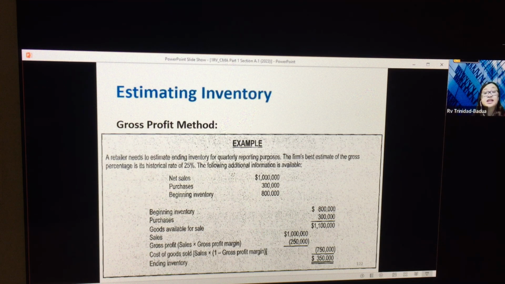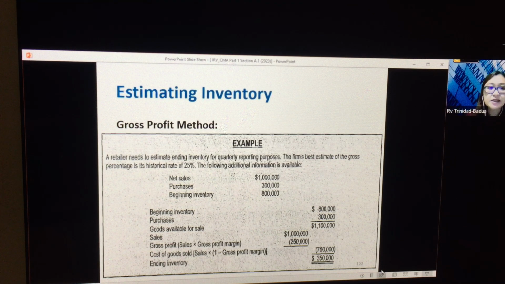Pero mas prevalent ganito. So you just follow kung ano yung binigay niya sa'yo. But for our concern sa ating gross profit method, bibigay niya sa iyo yung historical rate at 25% this instance.